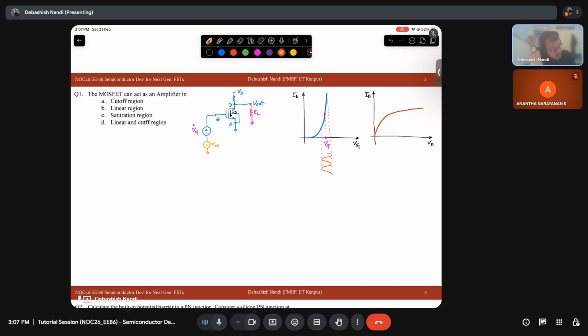Yes, sir. This signal is my V in, right? So what I'll get at the output, I'll get an output swing of this much. Okay, let's say this current is passed to a 1 ohm resistance. So this is what we mean by amplification. Okay, is that fine?